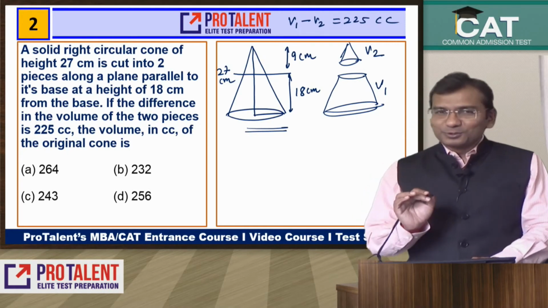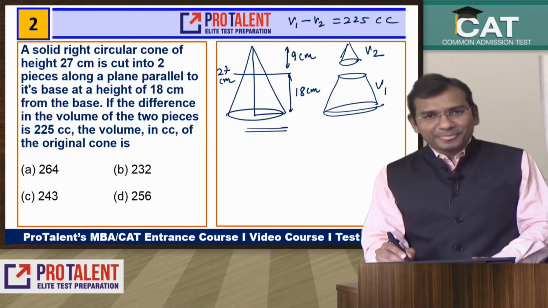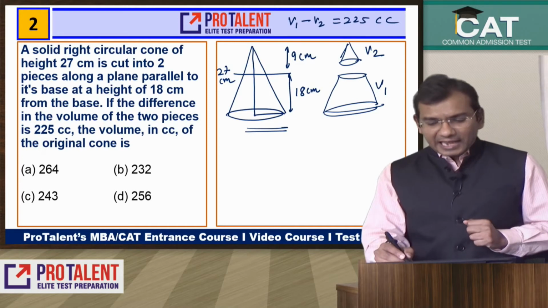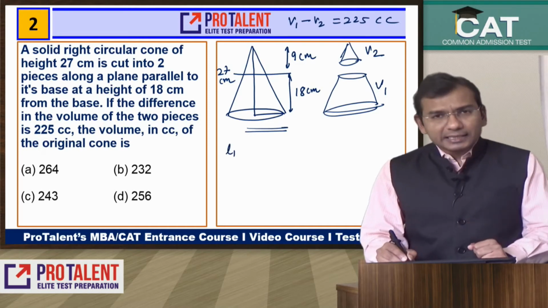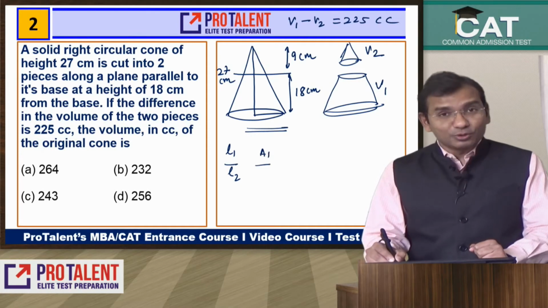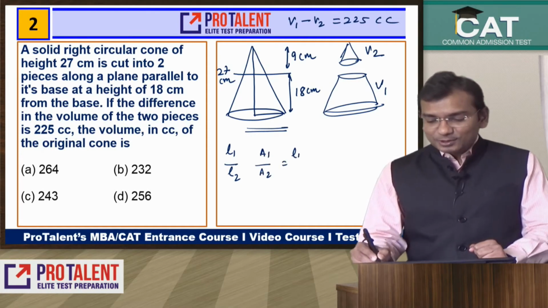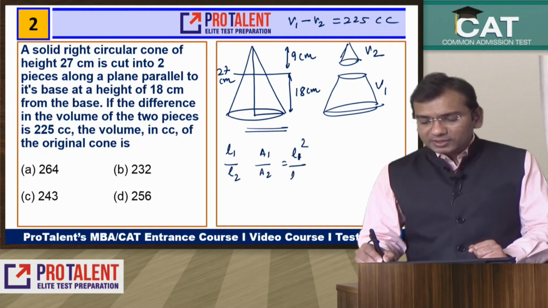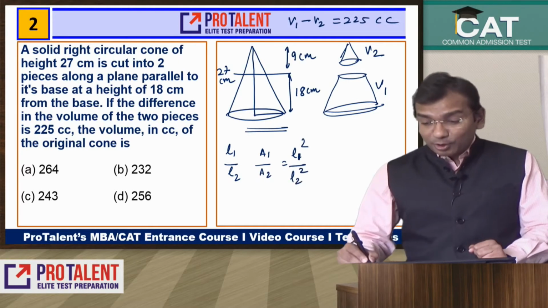I'm sure you know, my dear students, if there are 2 similar figures and the lengths of these 2 similar figures are in the ratio L1 upon L2, then the ratio of their areas will be A1 upon A2 is equal to L1 square upon L2 square. What about volume?